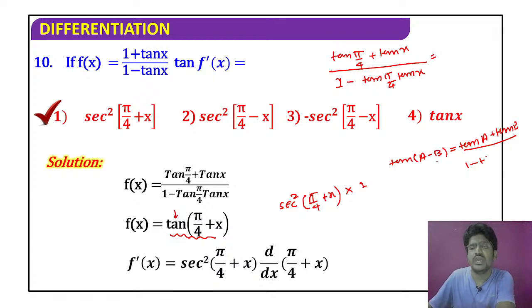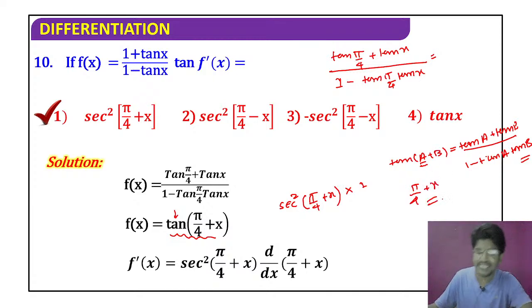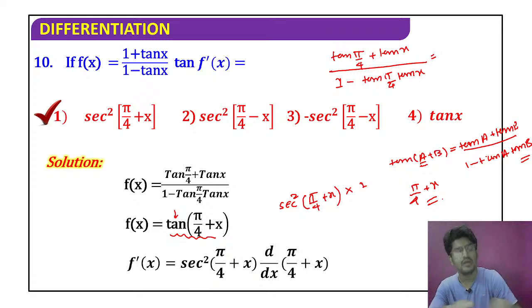Tan a plus tan b divided by 1 minus tan a into tan b. So here a value is pi by 4, b value is x. So by using that, you can clearly write the required answer is secant squared of pi by 4 plus x.